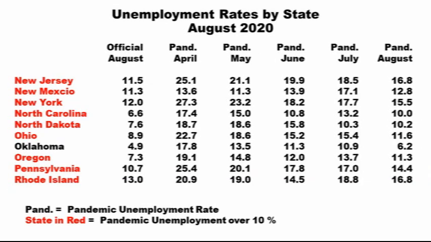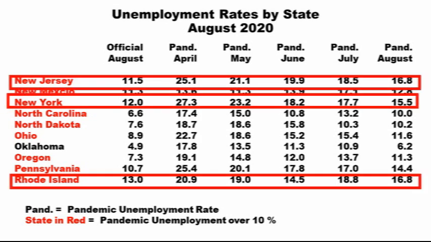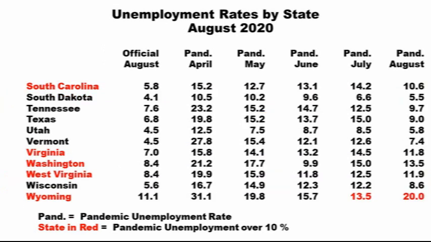The next group of states also has a large number with pandemic unemployment rate over 10%. Only New Jersey, New York, and Rhode Island have pandemic unemployment rates above 15%. And then in the last group are several states that have high pandemic unemployment rates. Wyoming is listed as having 20% for August.